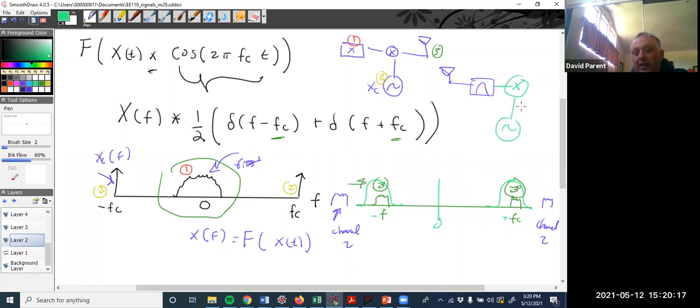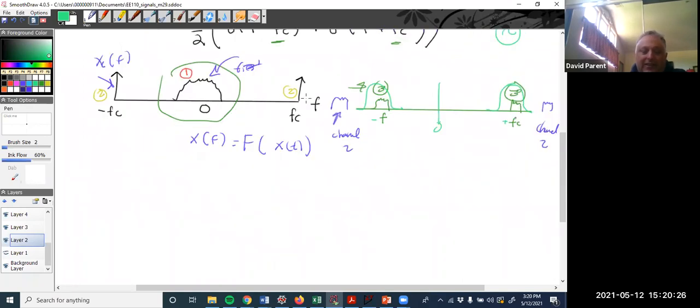So I multiply it again by the carrier frequency, right? And what I get, and this is where it gets a little hard to show, I get the original data, but I also get my high frequency data at 2 FC plus 2 FC.